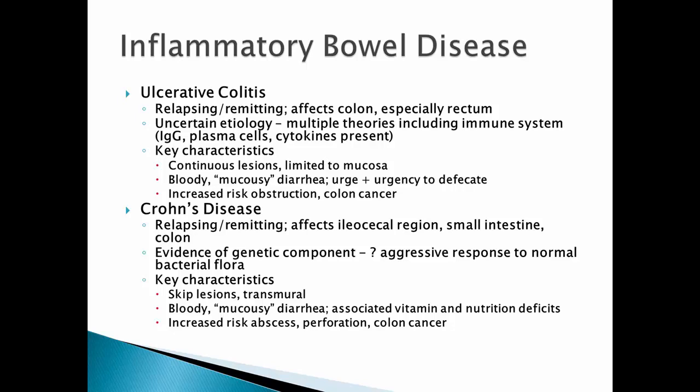Patients frequently present with a bloody mucousy diarrhea, again, smaller volume, and they have an urge to defecate as well as an urgency to defecate. So as a result, they will tell you that they have stool frequency, small volumes of diarrhea, and they have a cramping, defecation, and relief pattern. And when they need to go, they need to go.